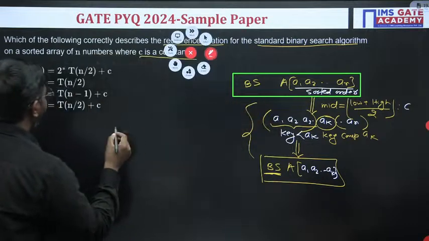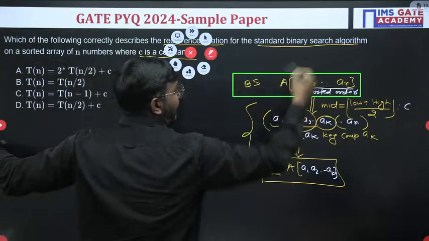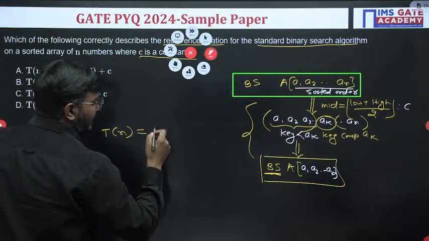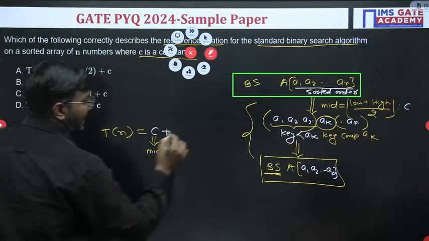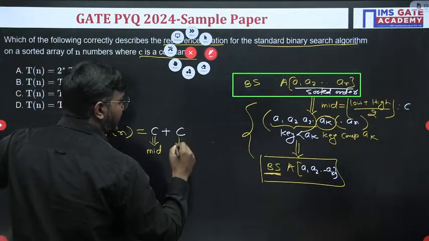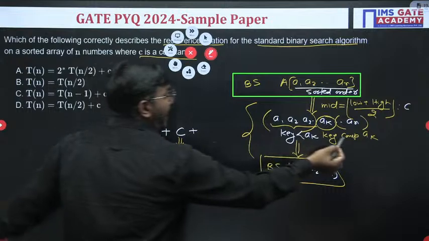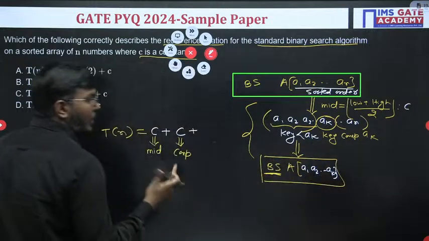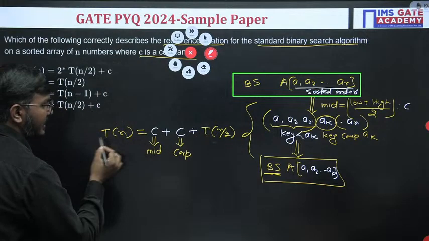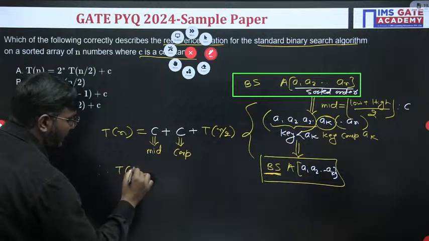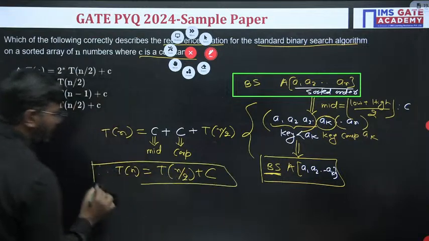So if T(n) is the time complexity of binary search on n elements, it takes C time for finding the mid, then C time for comparison, and then based on the comparison it solves either the left or right, only one half, which is T(n/2). So this is equivalent to T(n) = T(n/2) + C, our recurrence relation for binary search.